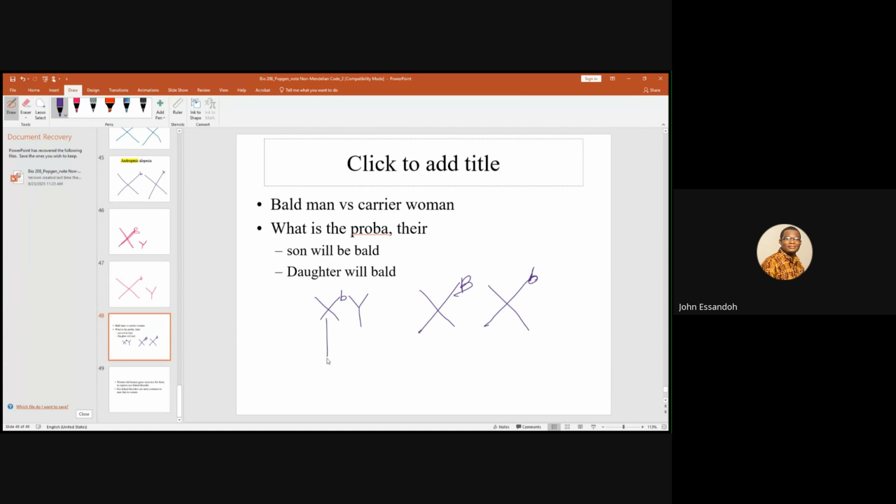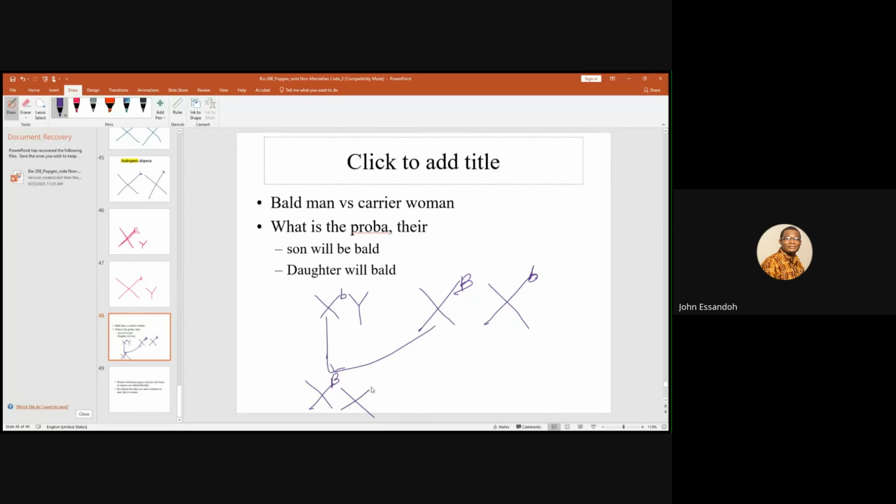So you are going to cross it. This one will come here. So you get what you get. We always write the dominant before recessive, like that. And then the next one is this with this one. You get a small b, like that.